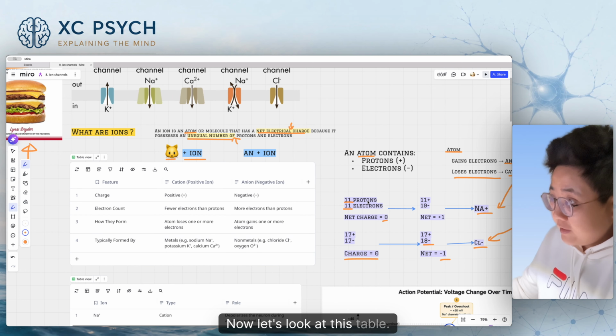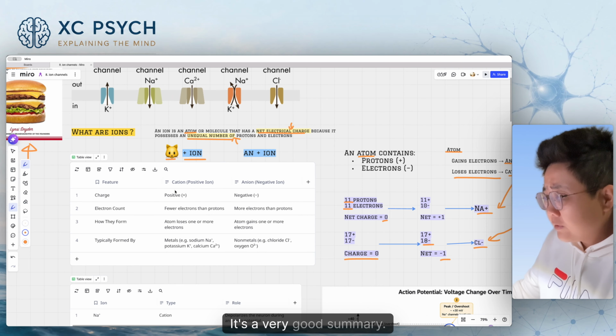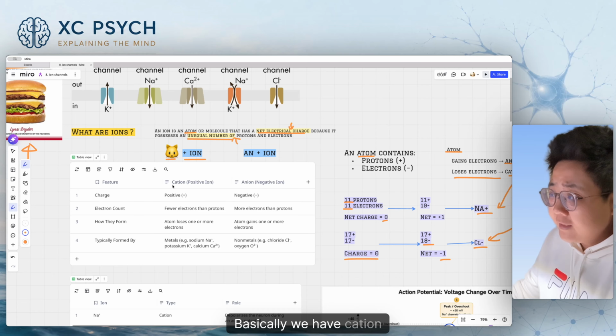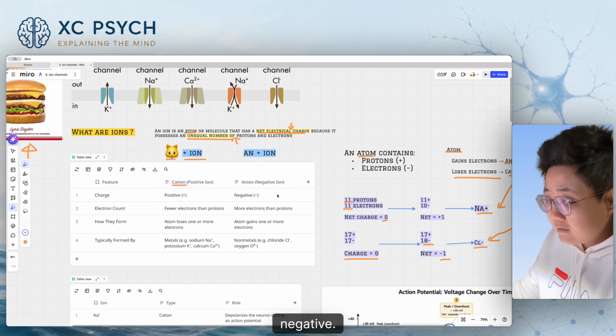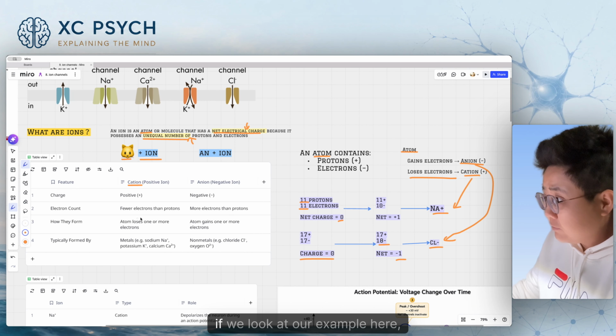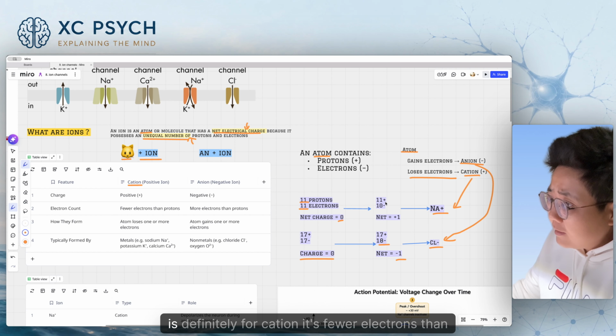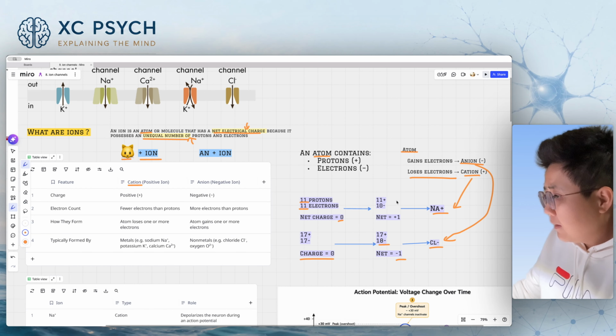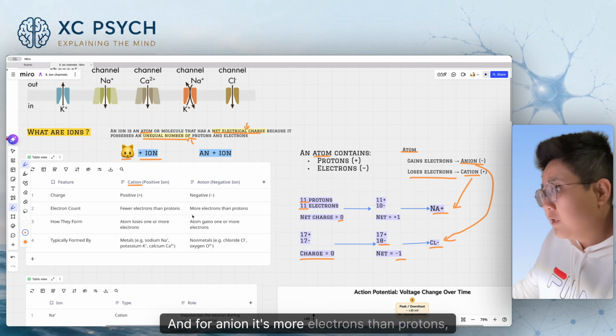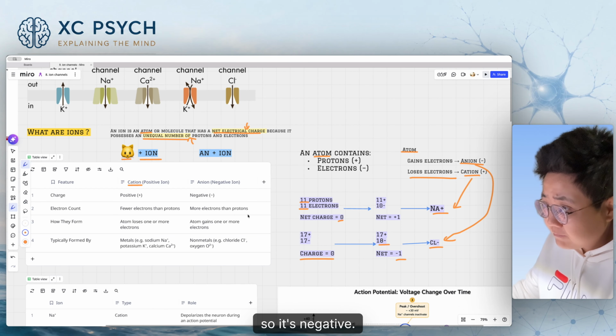Now let's look at this table. It's a very good summary. Basically, we have cation, positive, and anion, negative, and electron count. If we look at our example here, for cation, it's fewer electrons than protons, so it's positive. And for anion, it's more electrons than protons, so it's negative.